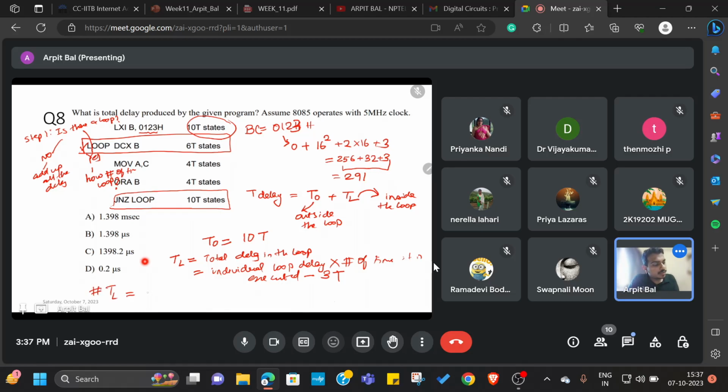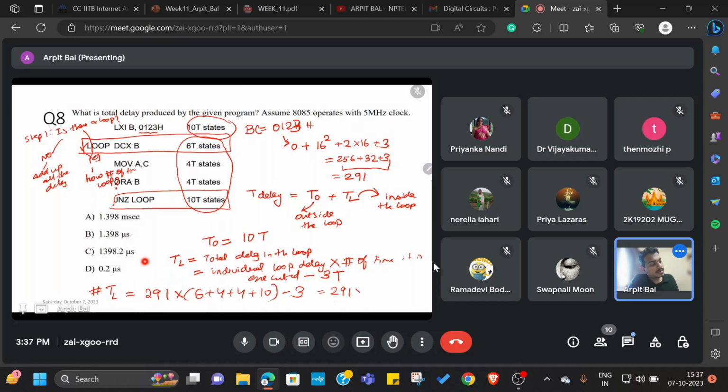It is going to be 291, the number of times this loop is executed, into the individual loop delay: 6T plus 4T plus 4T plus 10T. So we have 6 plus 4 plus 4 plus 10, and minus 3.